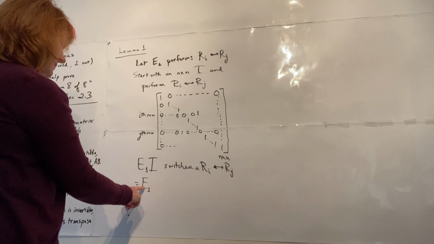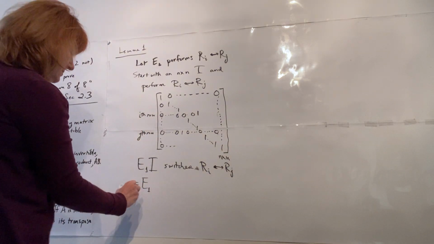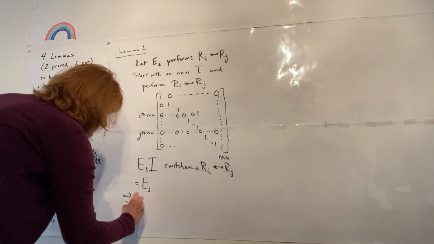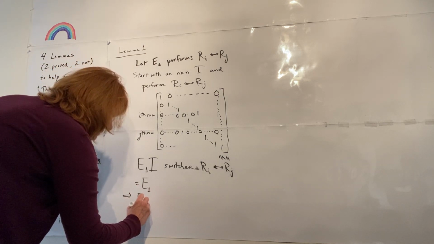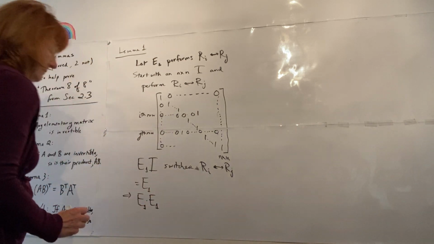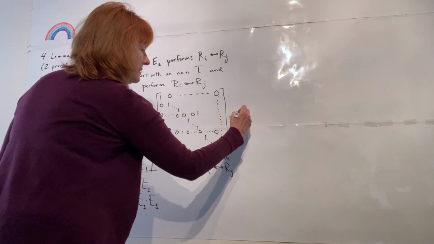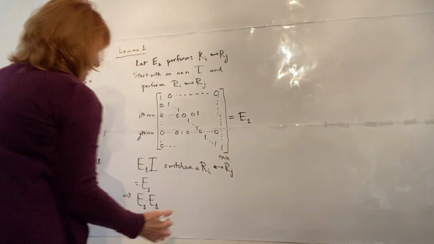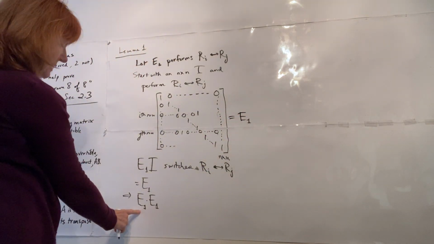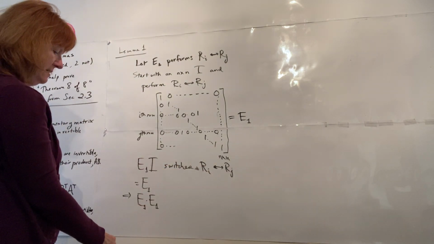All right, now if I multiply it by another one of the same matrix, so if I have E1 multiplied by E1, E1 was this matrix here with the things switched. If I multiply it again on the left by E1, what's that going to do? It'll switch rows i and j.